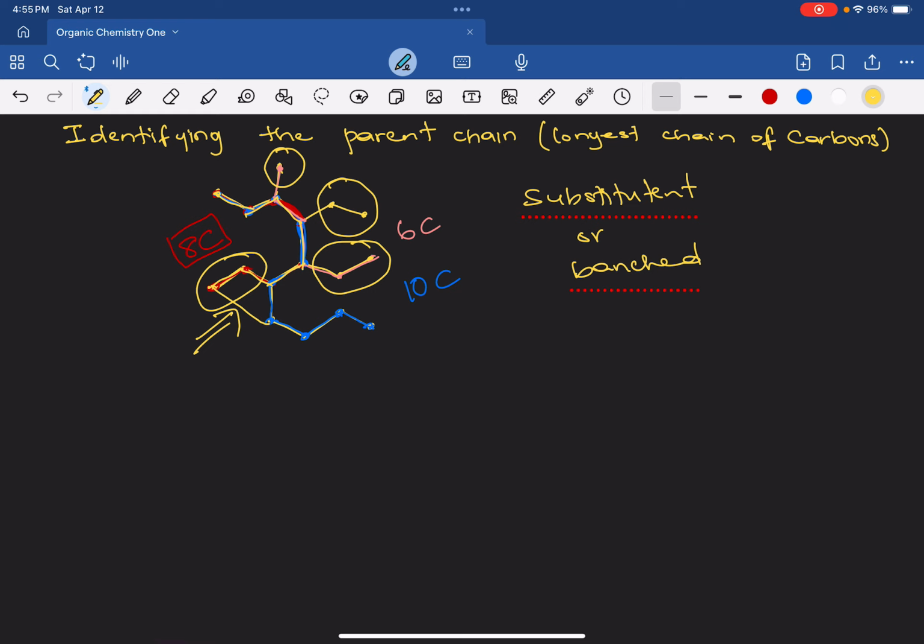You notice how the blue line is smooth? It has to be that smooth movement. Anything looking like a shape, you can just quit. It's not your longest chain. So this right here would tell you that you don't have your longest chain. Key to being able to identify your longest chain in any molecule: you have to practice.